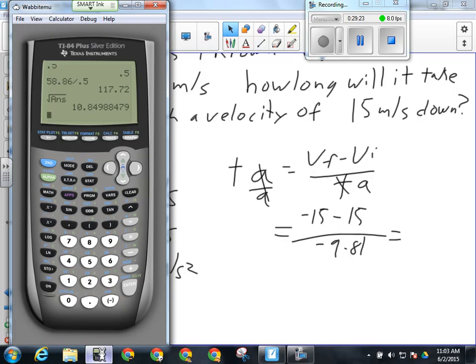So we've got negative 30 on the top divided by negative 9.81 on the bottom. So that's going to take 3.1 seconds, or 3.06 seconds, whichever.